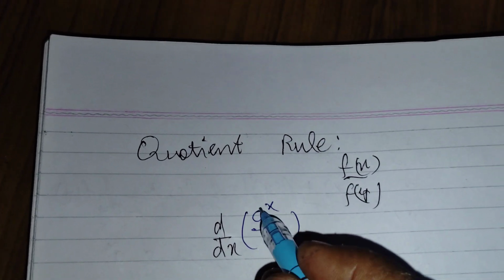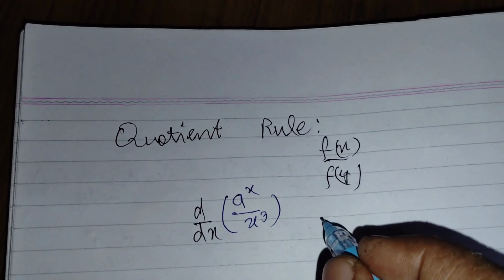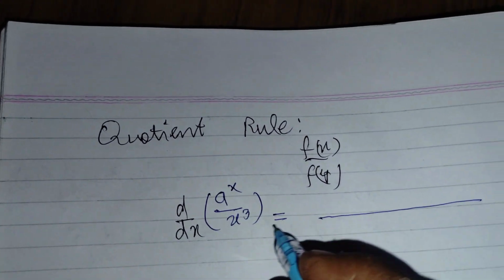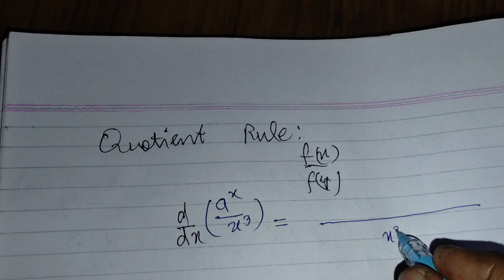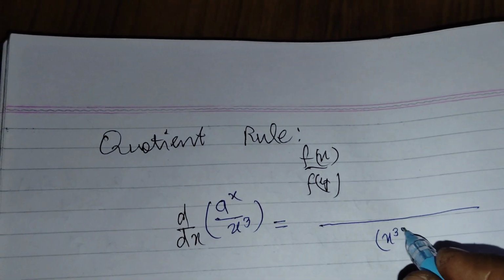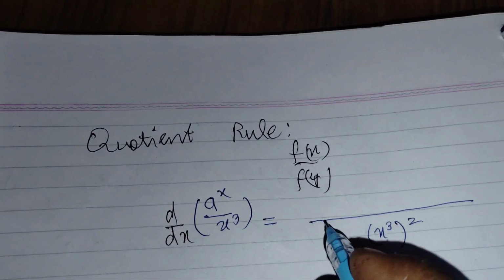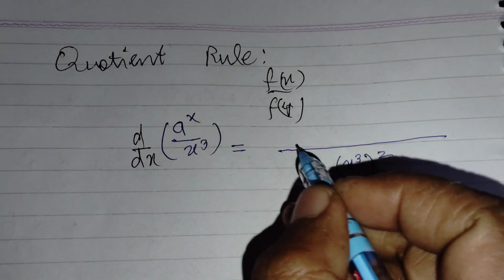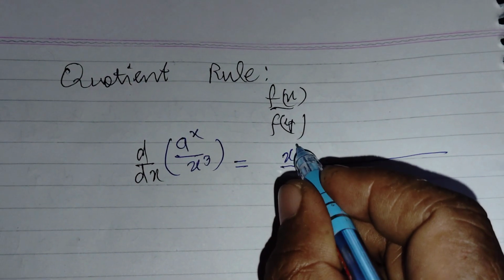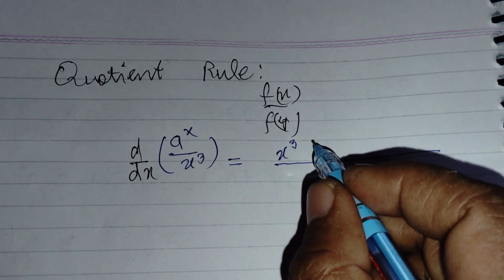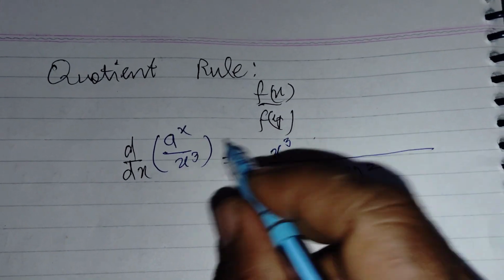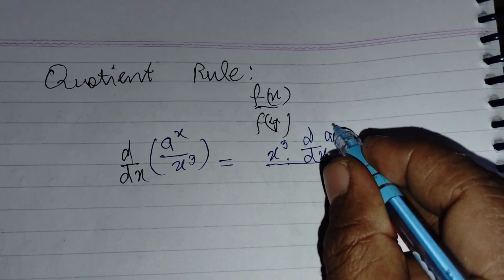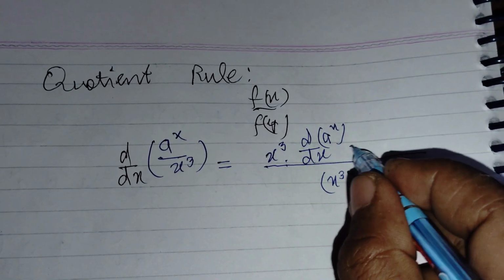So two functions, one is the numerator, another is the denominator. How do we differentiate? We write the square of the denominator. The denominator is x cube. We write its square. Now after squaring, we write the denominator as it is. So x cube is written, the denominator the same as it is. Then the differentiation of the numerator. We write d upon dx of a power x. Then put a minus sign.